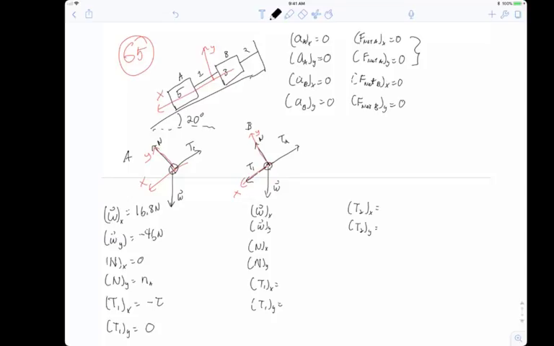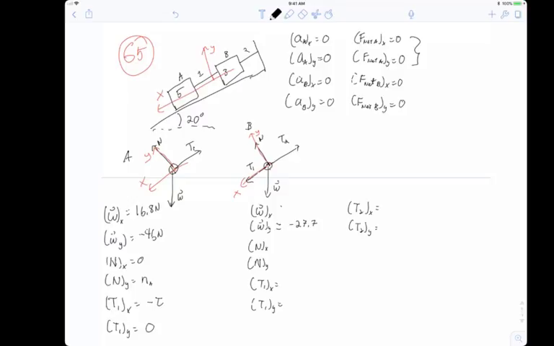Okay, so 3 times 9.81 times cosine of 20. That's this number here, minus 27.7. 3 times 9.81 times sine 20.